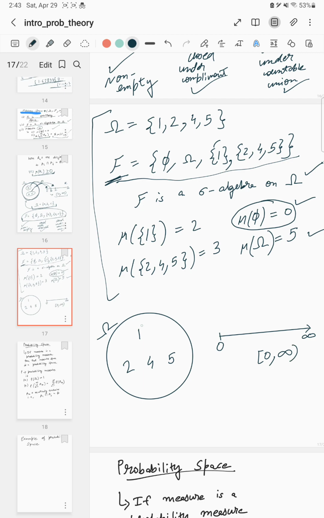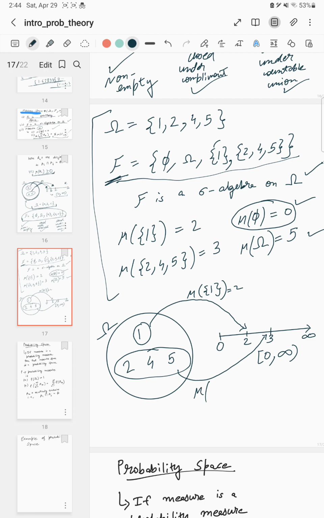Okay, so mu of the set {1} is 2, mu of the set {2, 4, 5} is 3, and mu of {1, 2, 4, 5}, that is mu of omega, would be 5.